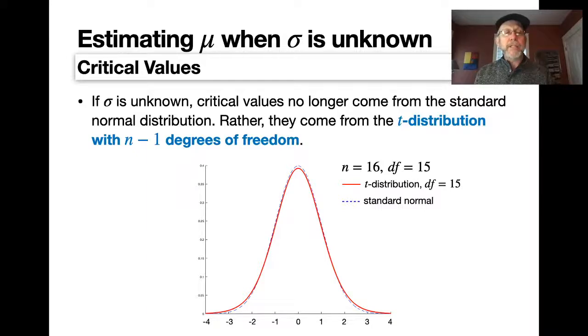As the sample size gets higher, the t-distributions approach the standard normal distribution. Here's samples of size 32, 31 degrees of freedom, and at samples of size 64, the t-distribution is essentially indistinguishable from the standard normal distribution.